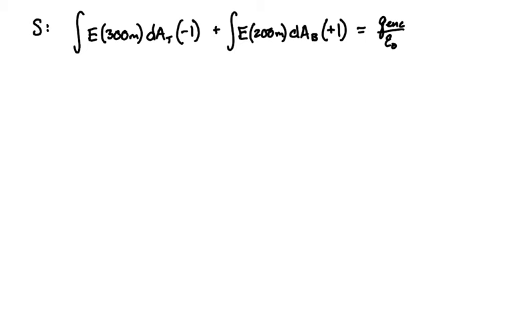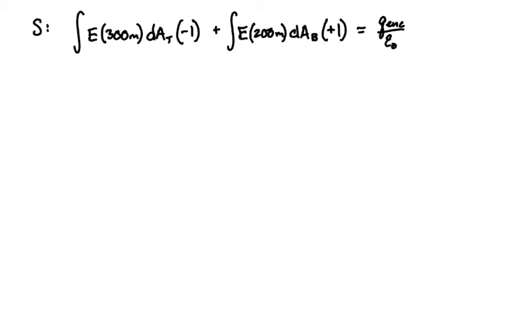And our other surviving component is the integral of our electric field at 200 meters through the differential area surface on the bottom, and multiply that times +1 because the angle between our vectors is 0 degrees. And that's all equal to our enclosed charge.